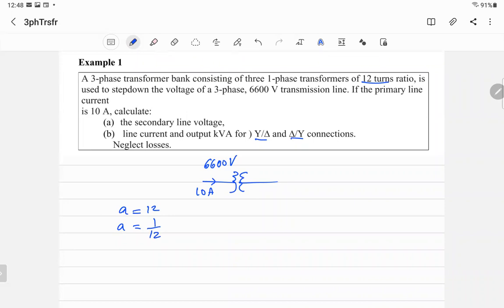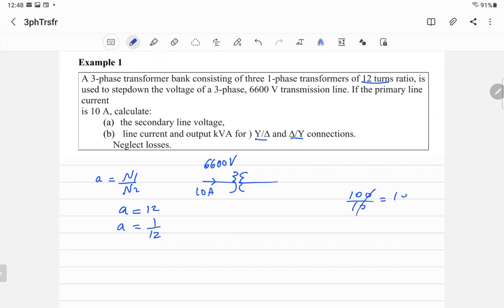Our A is N1 over N2. If it's step down, it means N1 is greater than N2, right? Like if you want to visualize, N1 is 100, the other one is 10, so it will be like 10.